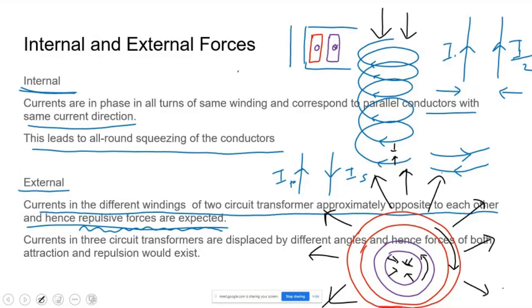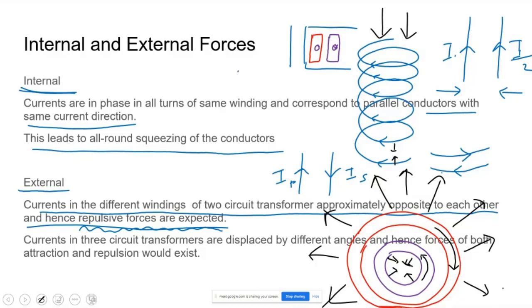So these forces are axial. Internal forces are axial. But external forces, the force on one winding due to the other winding, are repulsive in nature, they are radial in nature.